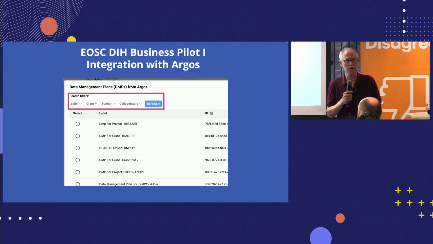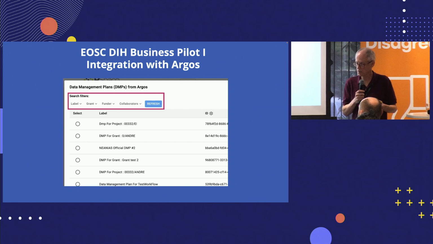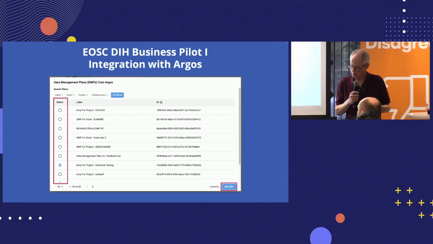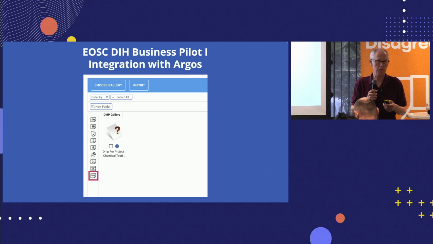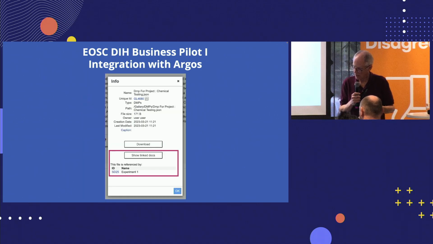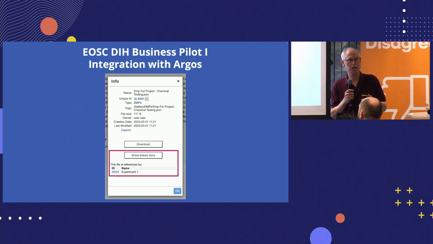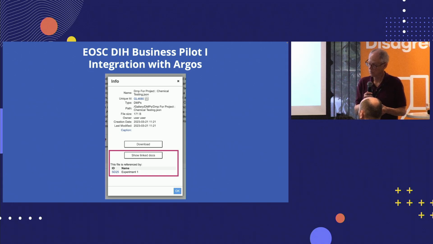You can search the data management plans accessible to you, select one, and upload it to RSpace. There's a special location in RSpace where the data management plans are stored. And then, as I said, you can link the actual data output from your project with the data management plan. So that's the integration with Argos.